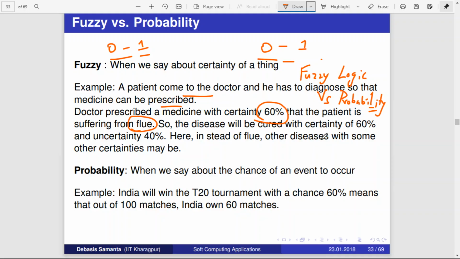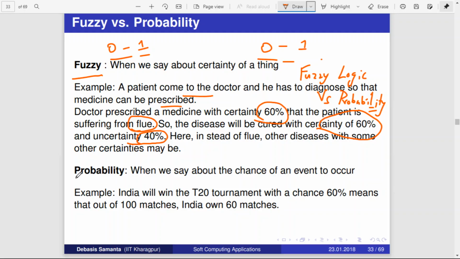So the disease will be cured with a certainty of 60 percent. That means 60 percent of the time the disease will be cured, but there is an uncertainty of 40 percent. This is actually an example of fuzzy. There is no certainty, so there is a degree of uncertainty. In fuzzy there is always a degree of uncertainty.